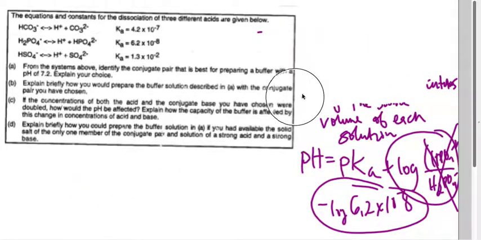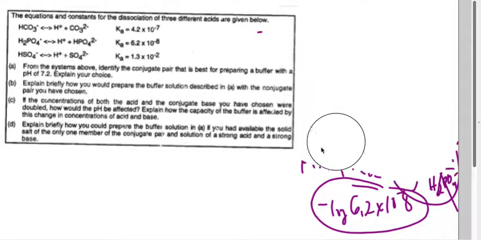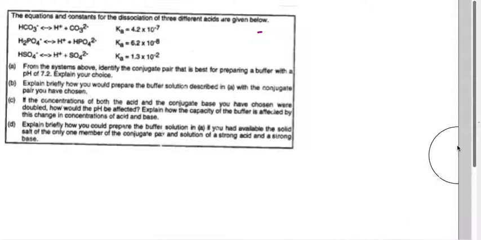But how would this affect the effectiveness? The capacity is what they say. How would this affect the buffering capacity? I'm a little wary to say it's doubling the capacity, but you could say the capacity increases. I can't think of any reason not to say doubling the capacity. I just get nervous about that for some reason. Probably in the middle of the night I'll wake up and say why you shouldn't say that.